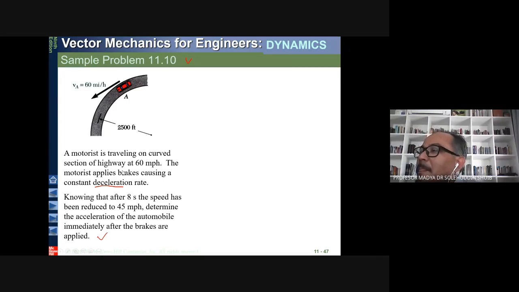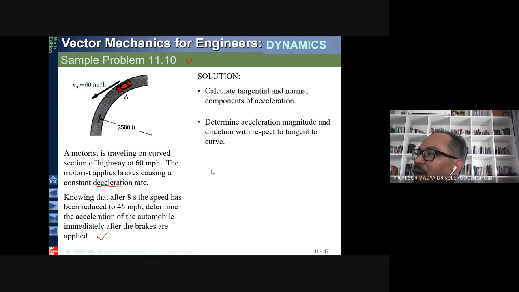So we have to find the acceleration of the automobile after the brakes are applied. We need to calculate the tangential and normal components of acceleration, and then find the acceleration magnitude and direction with respect to the tangent to the curve.